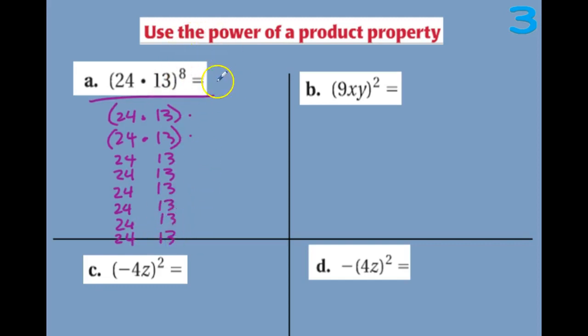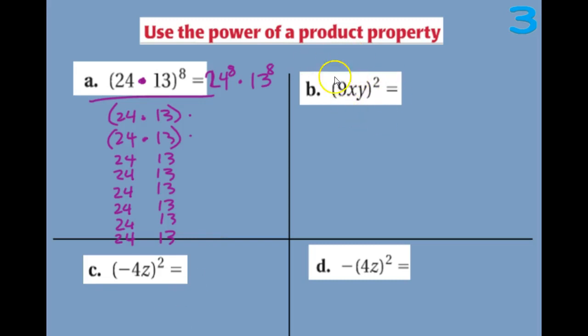So overall, I know there's going to be a 24 multiplied 8 times, and it's multiplied by a 13 8 times. So the only reason I was able to do the 8 on both of these is because of the multiplication. It doesn't matter what order you multiply in, but I know there's 8 24s and 8 13s.